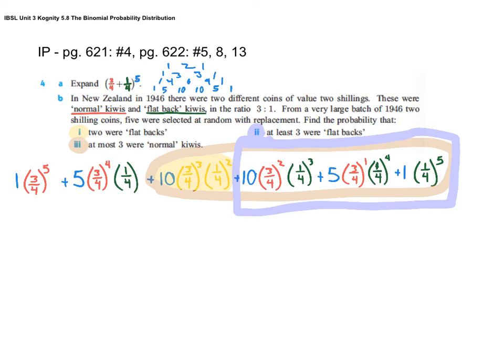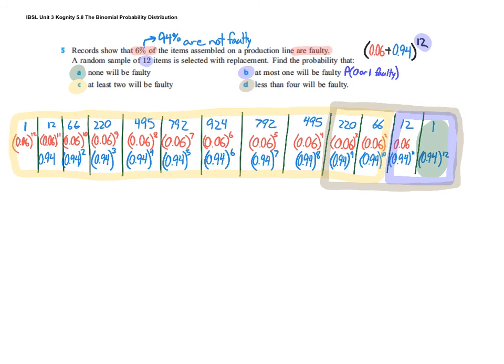Now, we will learn how to do this with our calculator as well, and that's where it really gets nice, but I want you guys to get used to writing out the expansion and identifying the correct terms first of all.